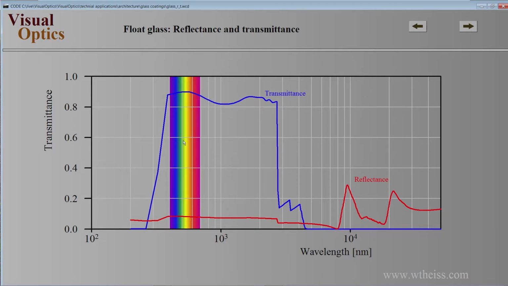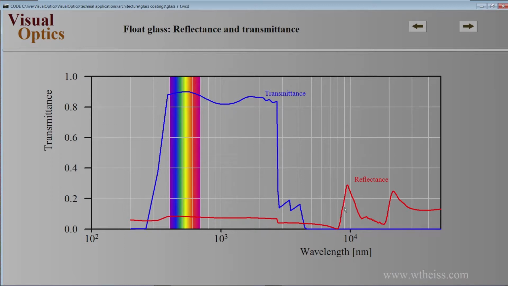You have about 90% transmission, and the transmission then shows the absorption processes in the near infrared, and finally, when the wavelength is long enough and the absorption coefficient is big enough, the transmission finally gets to zero for mid-infrared radiation. So glass is absolutely intransparent for infrared radiation.